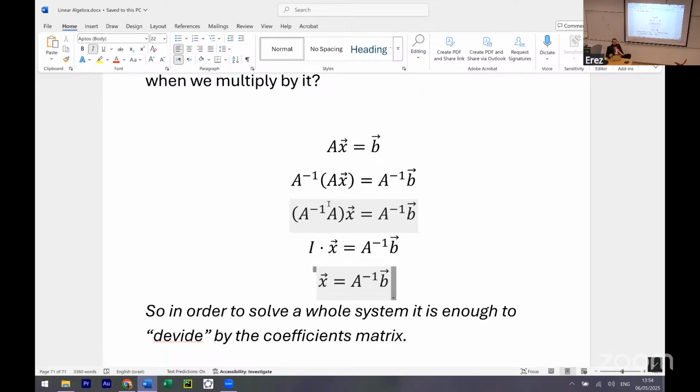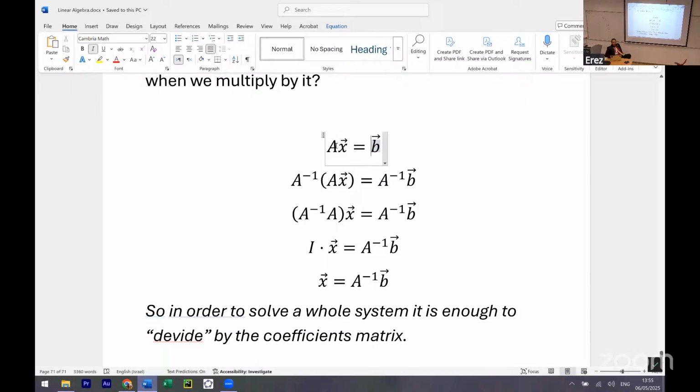It's not as great, to be honest, because you will see that in order to find the inverse, you actually need to solve the system first. So it's a bit silly, but there are uses for it. First of all, obviously in the theory, which are very important, but there are also uses in the real world. Sometimes you get the same coefficient matrix, but different constants.